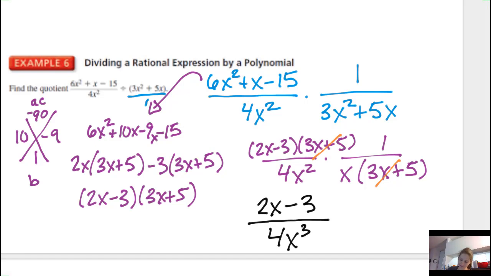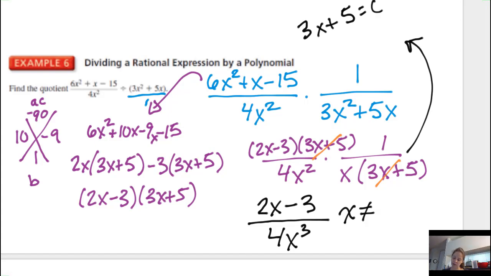In my restricted domain, x cannot equal, I got rid of one of the factors, let me find that x value up here. So when 3x plus 5 equals 0, the denominator is undefined, so I want to restrict that from the domain. I have 3x equals negative 5. X equals negative 5 over 3 will make that equation true, so x cannot equal negative 5/3.